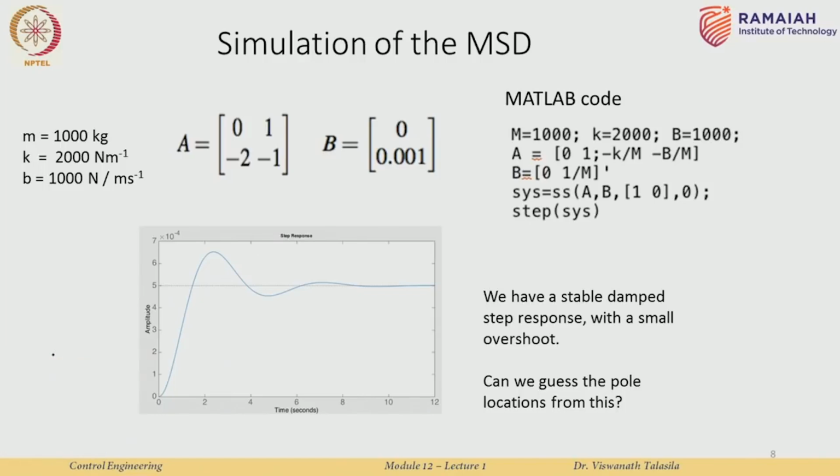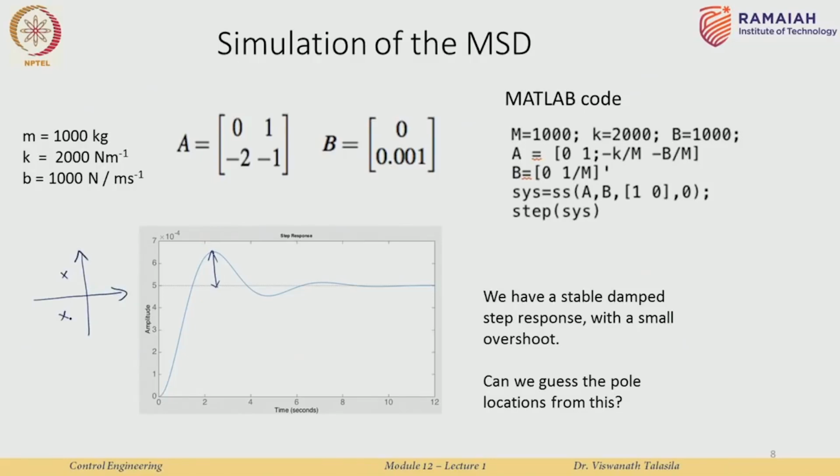You essentially see that this is a damped stable response with a very small overshoot. We have seen from the transfer function modeling of a mass spring damper that when you have this kind of response, we can guess what kind of poles the corresponding transfer function would have. So for this kind of response, it is very easy to see that the poles would be like this.